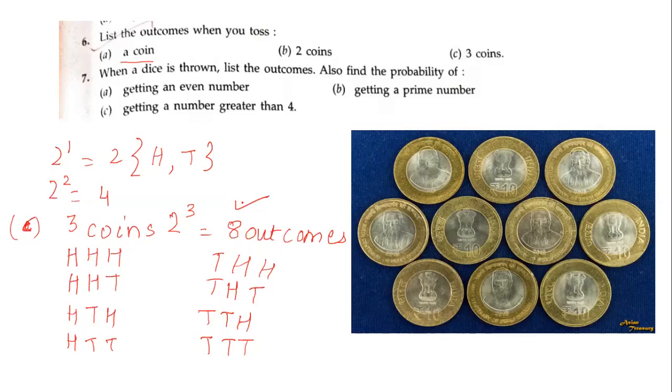Okay. Question number 7 says, when a dice is thrown, list the outcomes, find the possibility of getting an even number.